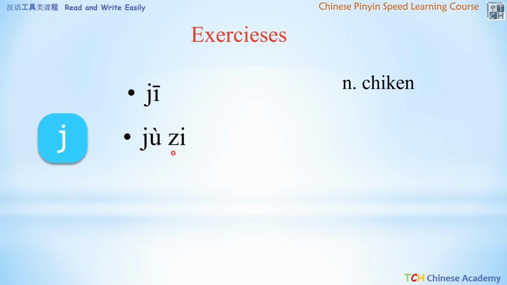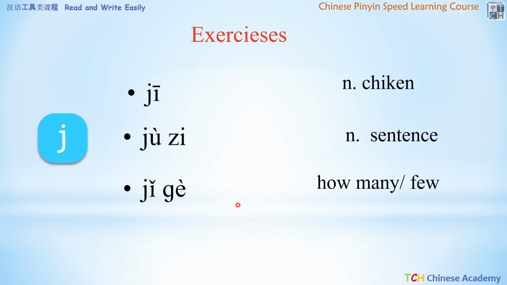And this one we're going to learn later, 句子, that is a sentence. And ji this time in the third tone, 几. Ge in the falling tone, 个. So together, 几个, that means how many or a few.